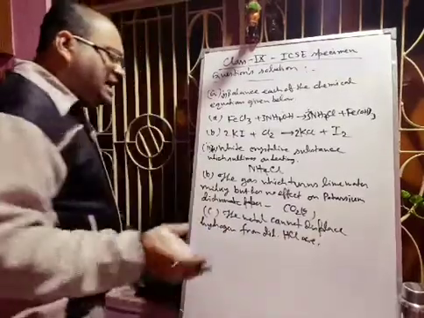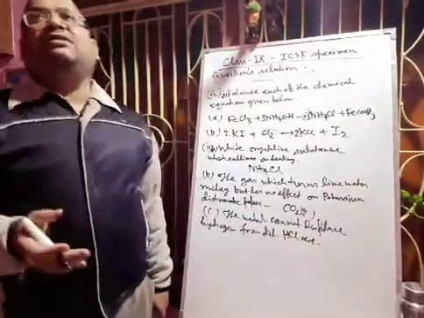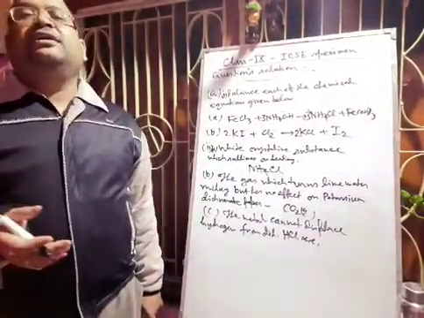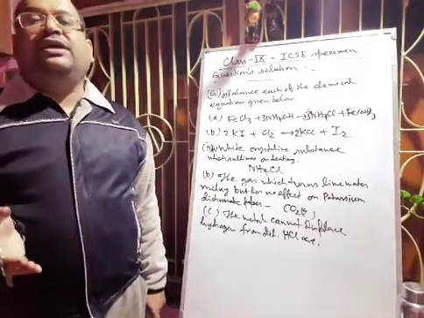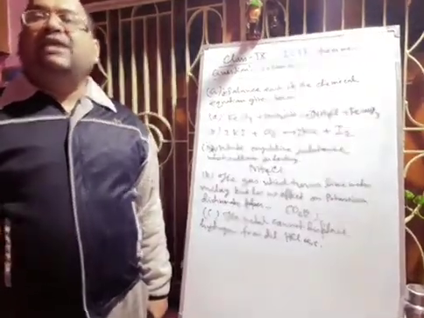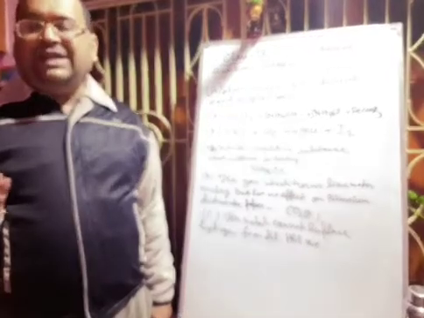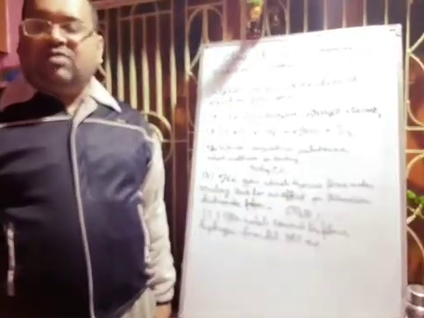So here you can write any metal, okay, any metal that is placed below the hydrogen in the metal activity series. Like you can tell gold, you can tell platinum, you can tell silver, you can tell copper, any metal you can tell, okay.